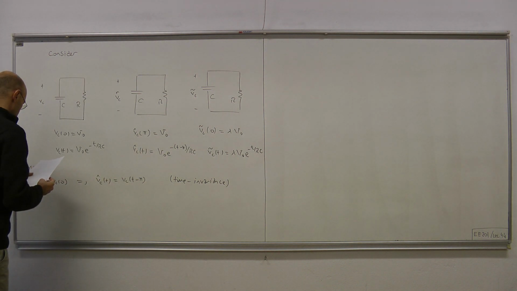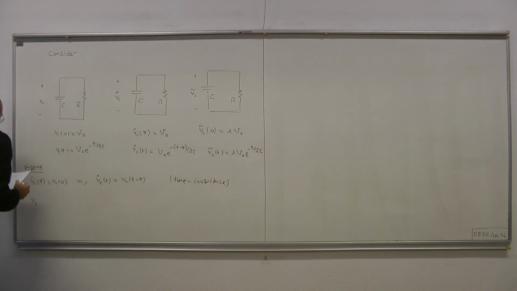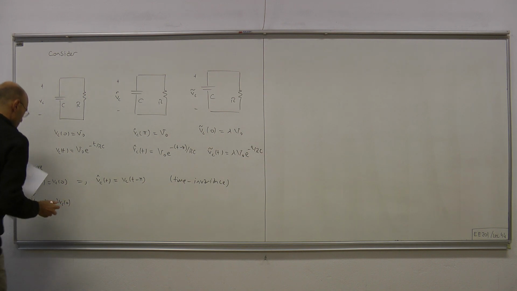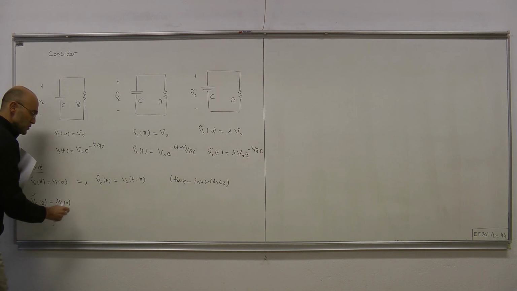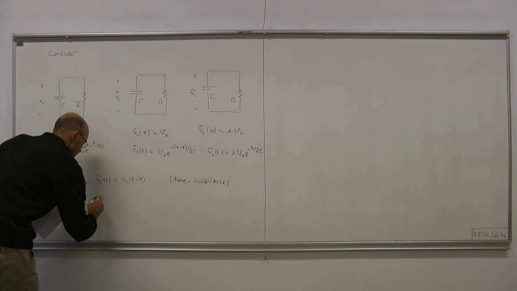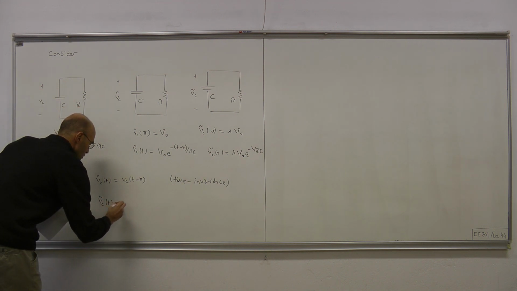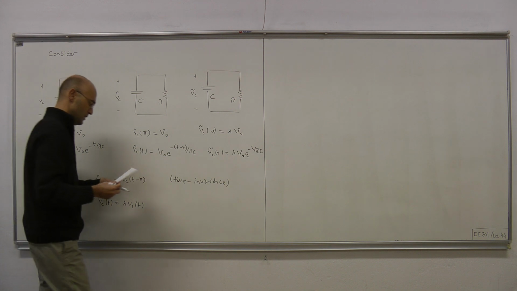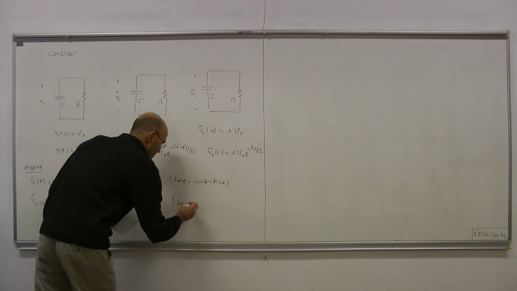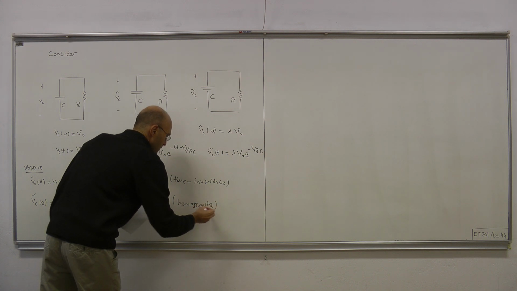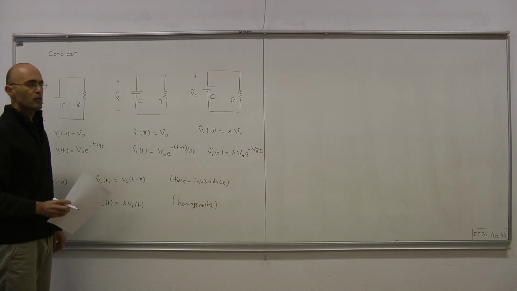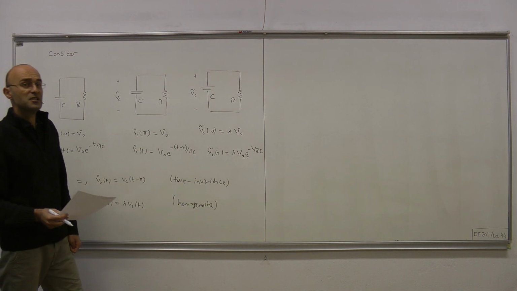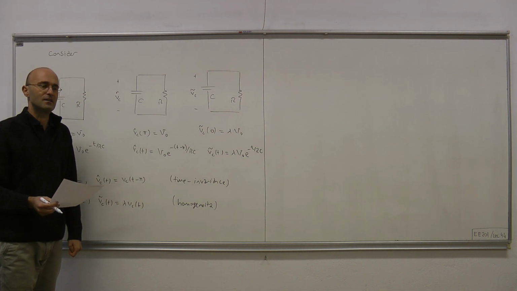And for the third experiment, VC tilde equals lambda VC0. If the initial condition is scaled, then the solution can also be scaled. VC tilde of t equals lambda VC of t. And that we call the homogeneity property. Now we're going to see through some simple examples that these very nice properties are no longer guaranteed to hold if the circuit is not LTI.